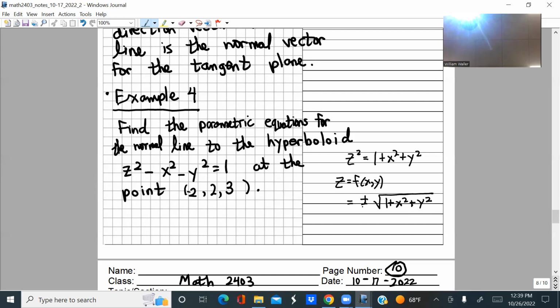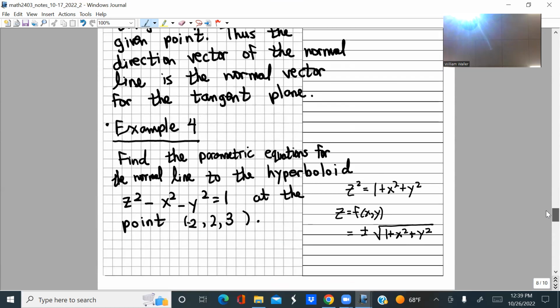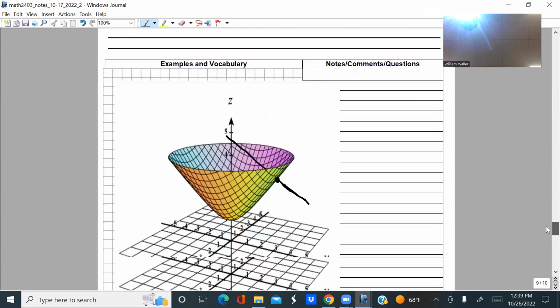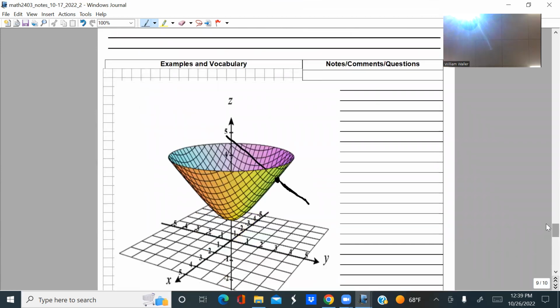So I have to make a choice. I've either got to choose plus the square root or minus the square root, because I need a function of two variables. Well, which one is it going to be? It's going to be the positive one, right? Because for solving this problem, I only care about the top portion of that hyperboloid.